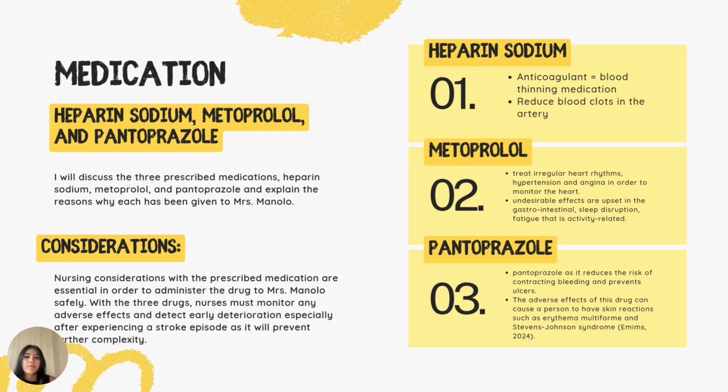Heparin sodium is mainly used to eliminate as many clots as it is an anticoagulant, meaning that it is a blood thinning drug. This medication has been prescribed to Mrs. Manalo to treat blood clots due to the embolic events. Therefore, it will reduce the number of future embolic events as well as prevent blood clots from forming in order to get the brain to function.